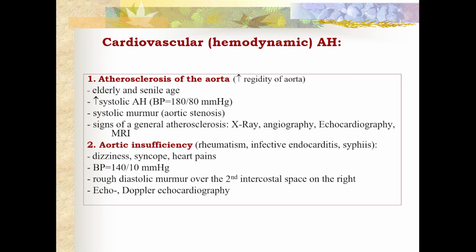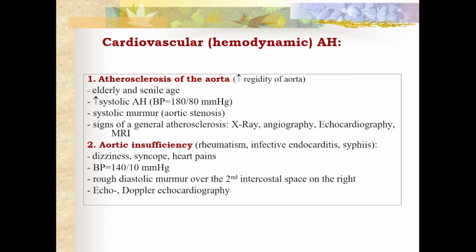Cardiovascular diseases can lead to arterial hypertension. In the elderly, atherosclerosis of the aorta, increased rigidity of the aorta leads to increased systolic arterial pressure, and maybe high pulse pressure, for example, 180 over 80 millimeters of mercury diastolic.